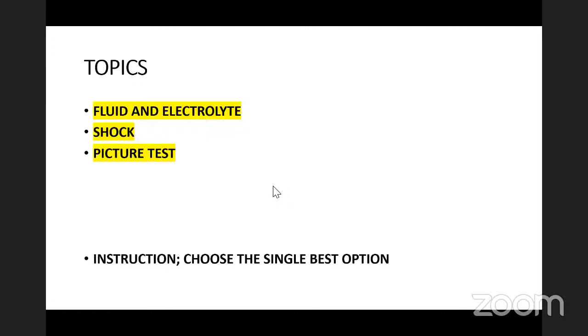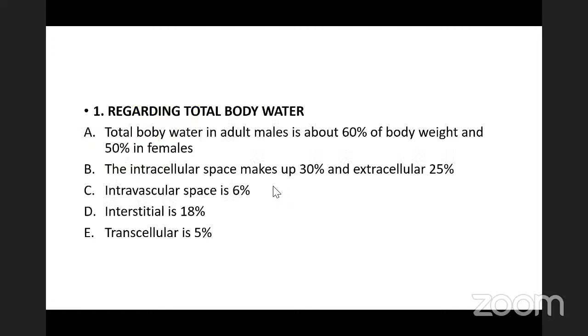So the picture test will actually be on several broader areas that will include both imaging as well as some surgical pathology.